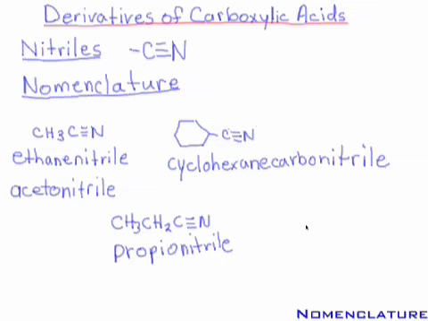Now, when acting as a substituent, if there's a higher priority group on the ring, carboxylic acid is higher priority than cyanide. The substituent name for a C triple bond N is a cyano group. Cyano. And so in IUPAC, this would be 4-cyano benzene carboxylic acid.